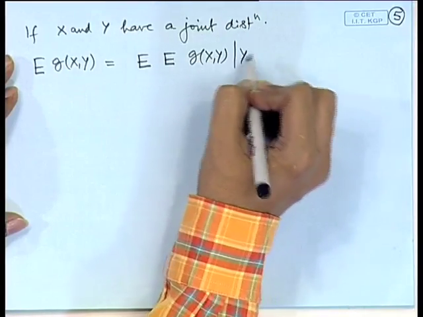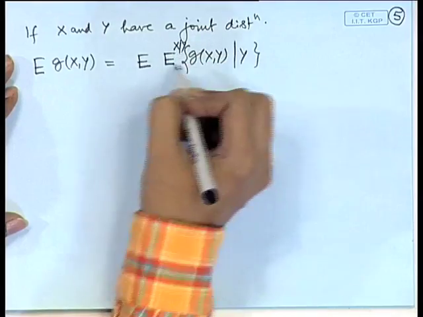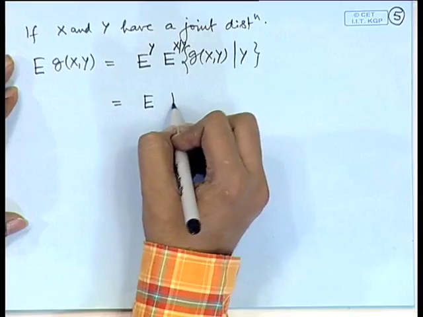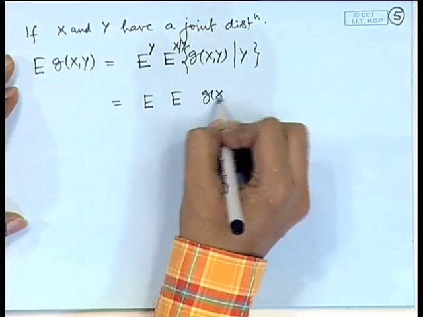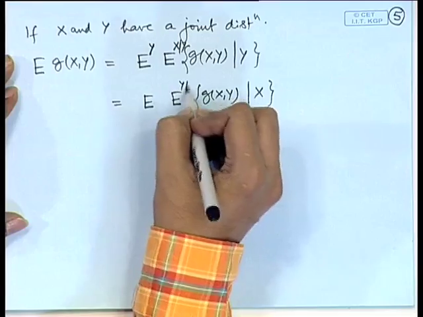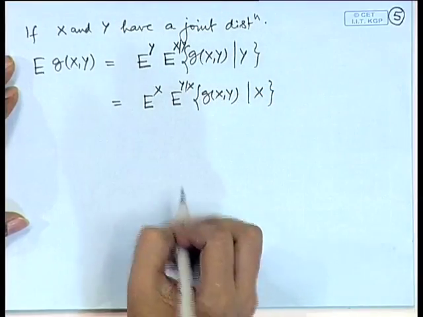We may calculate firstly the conditional and then with respect to marginal, or alternatively we may consider it as expectation of g x y given x, provided of course, the expectations do exist.